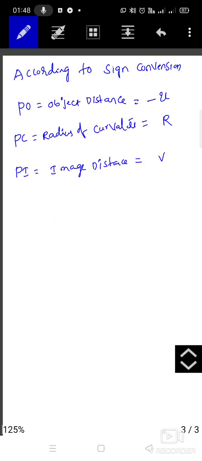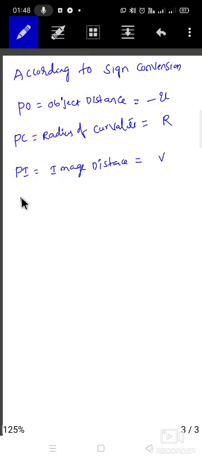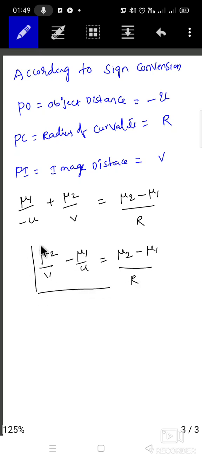Here PO is nothing but minus U, and PI is nothing but V, which equals mu2 minus mu1 by R, where PC is plus R. Since this is minus and this is plus, we write the positive term first: mu2 by V minus mu1 by U is equal to mu2 minus mu1 by R.